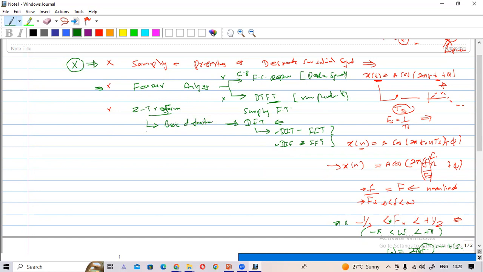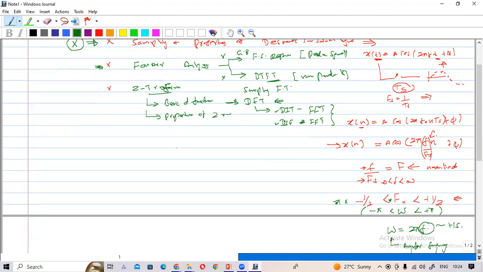Then we have discussed some properties of Z transform, like time shifting, frequency shifting, convolution property, and differentiation in time domain property. So try to go through those lectures and be familiar with those properties also.